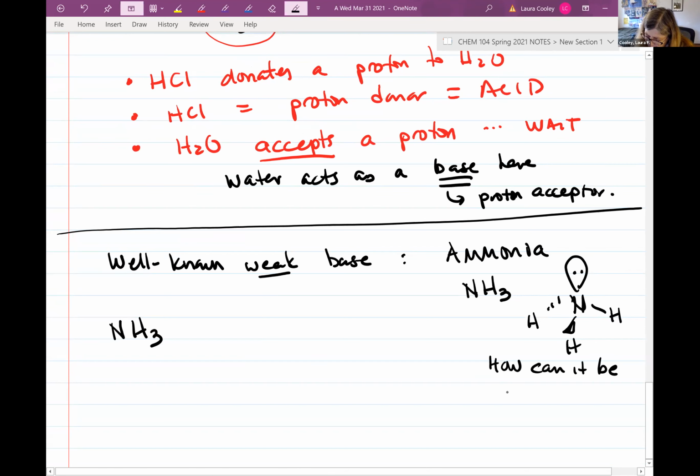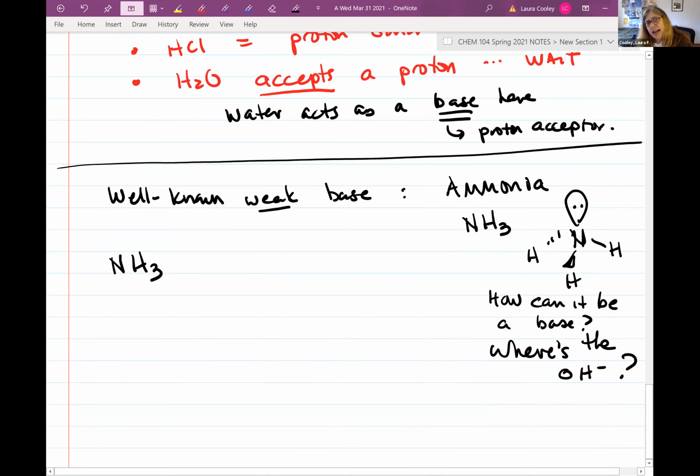Why am I saying that? How can it be a base? Where's the OH minus? If a base is a producer of OH minus, I can't see just by looking at NH3 how it could fall apart and give me any OH minus. So the hydroxide ion producer definition, forming OH minus, doesn't really work for ammonia.